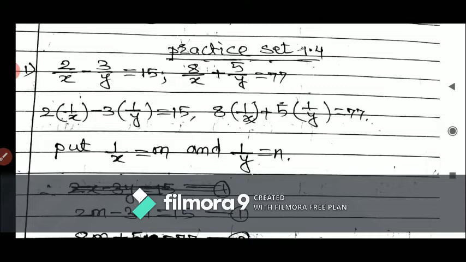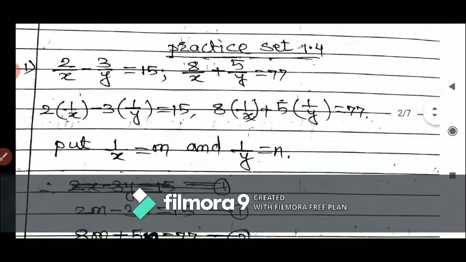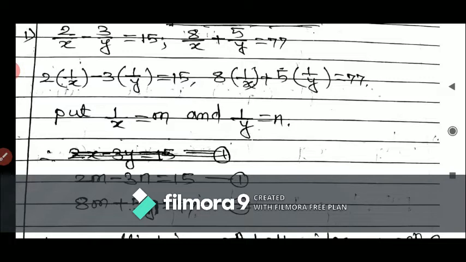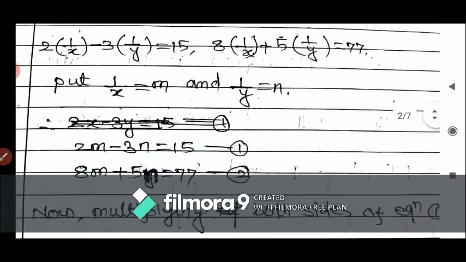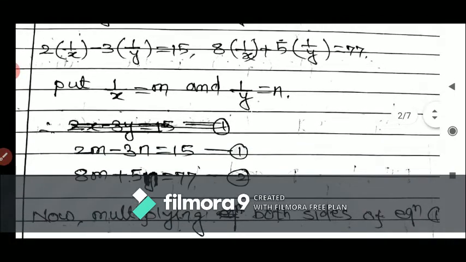Now in both equations there is a 1 by x and a 1 by y. Now put the new variable: 1 by x is equal to m and 1 by y is equal to n. Therefore 2m minus 3n is equal to 15 is the first equation, and 8m plus 5n is equal to 77 is the second equation.